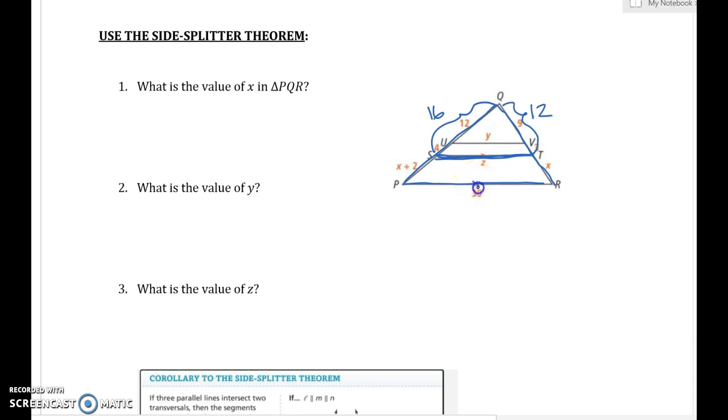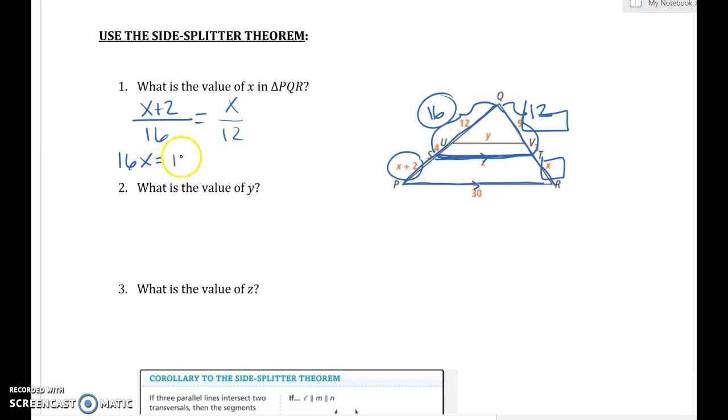So then since we have these parallel lines, what we know is that X plus 2 over 16 is equal to X over 12. If we cross multiply, we get 16X equals 12 times X plus 2.